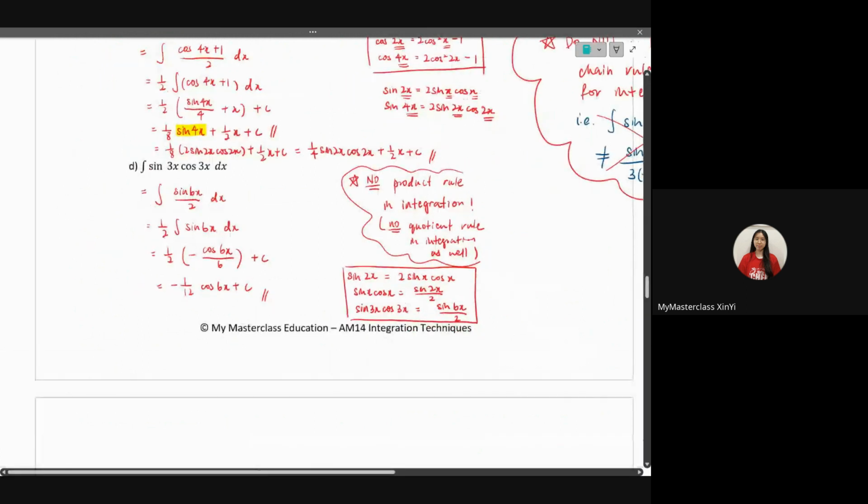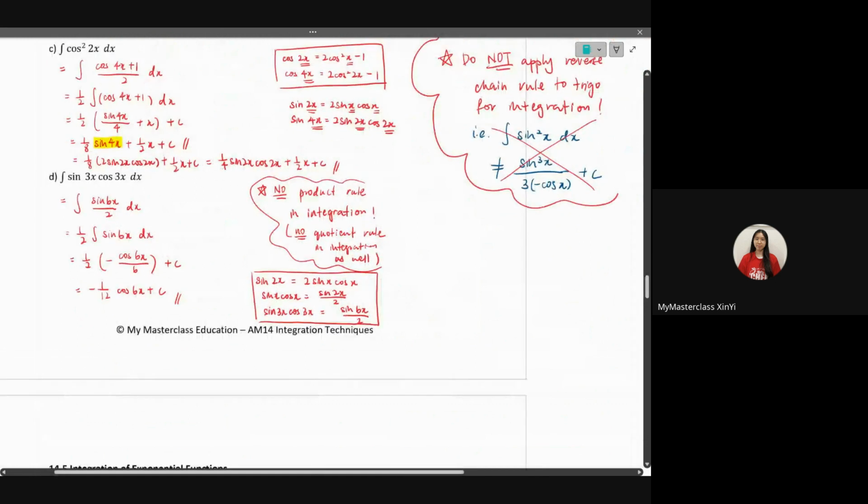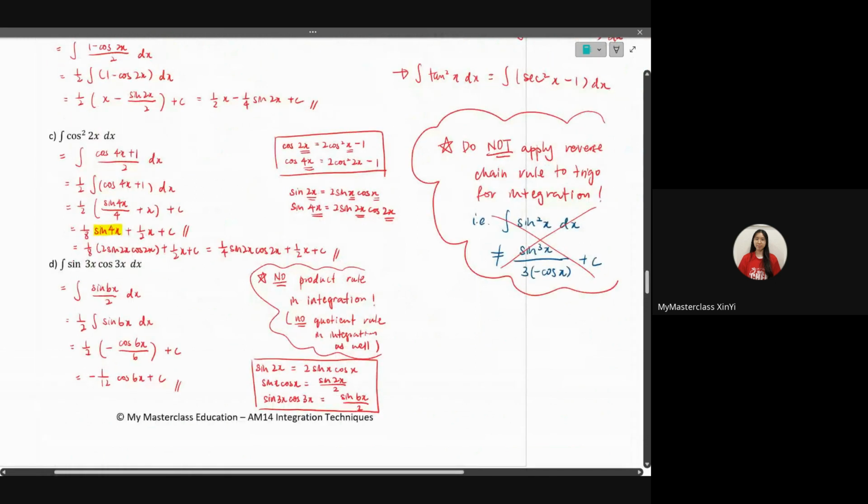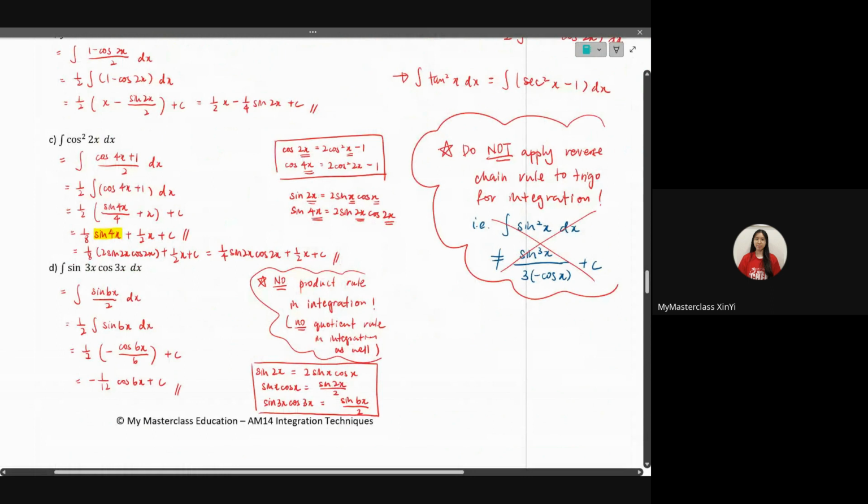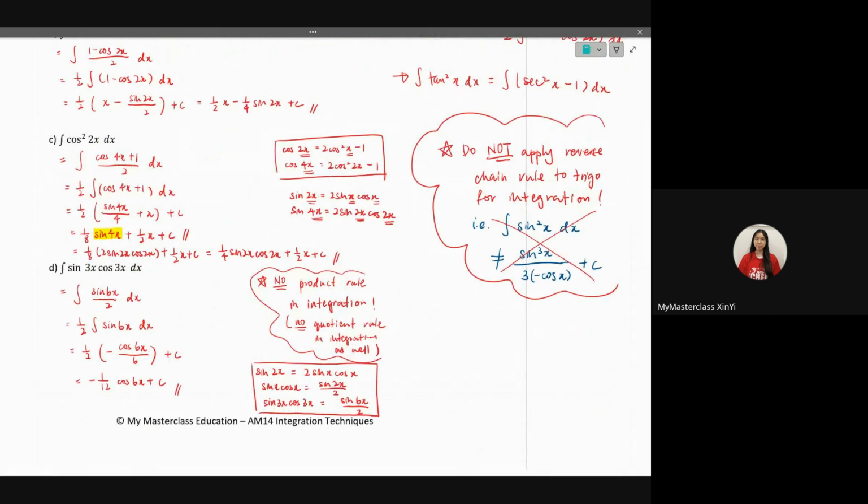So that is what I want to emphasize for all your Trigo stuff. Just take note, there's no such thing as reverse chain rule for Trigo. So you need to make use of your double angle formula and identities to manipulate such that you get single Trigo functions with no squares or any powers in them, for your cosine and sine. Then you can integrate secant square, but you can never integrate tangent square directly.